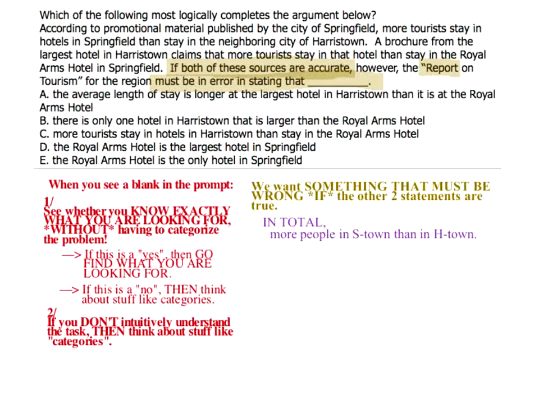So the single largest hotel in H-Town has more tourists than the Royal Arms, which is in S-Town. Okay, those are our two facts.